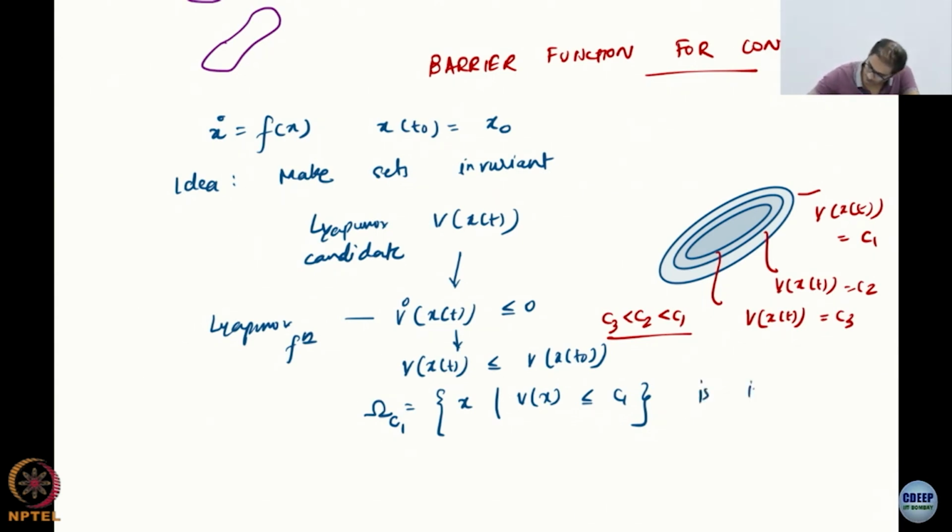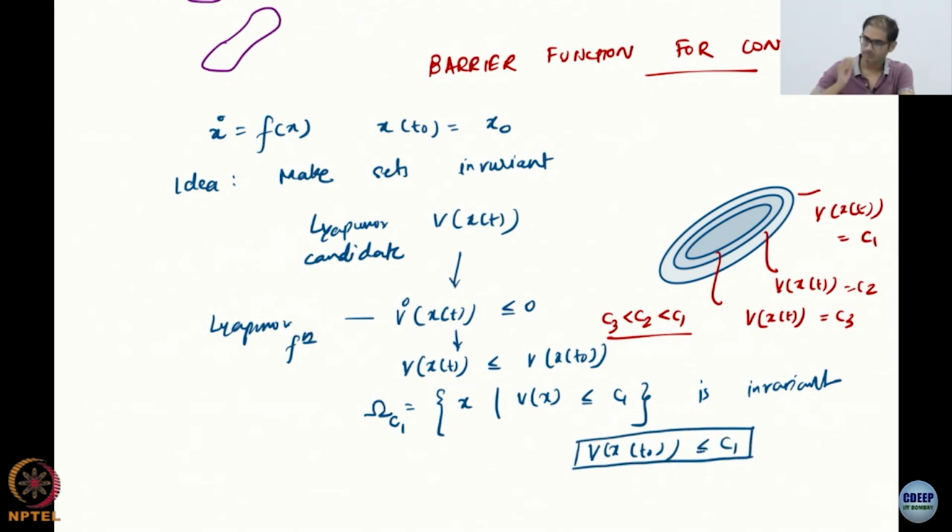Is invariant under what condition? What do I need for this set to be invariant using this Lyapunov function? I only need that V(x(t0)) is less than or equal to c1, right, because I already have that V(x) is less than V(x(t0)), and if V(x(t0)) is less than c1 I am good.